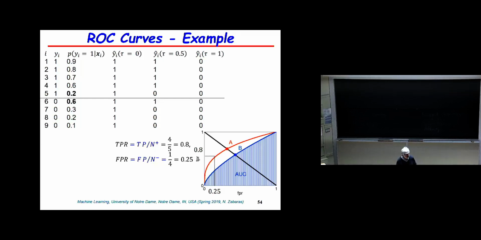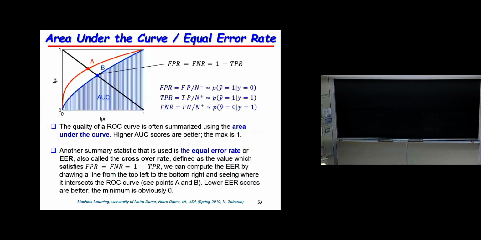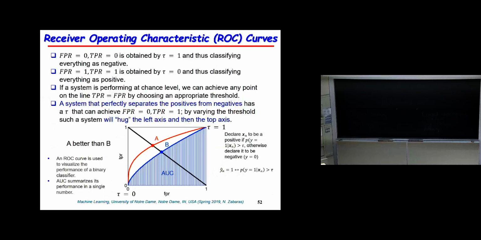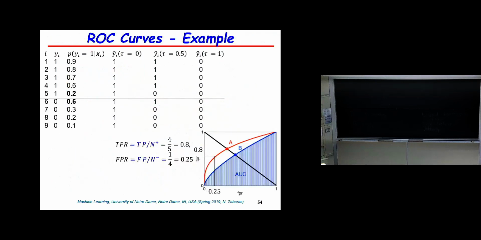So if the tolerance equals 0, how many times do you accept your data to be positive? Remember, the decision is, if this is greater than tau, then it's positive. So if tau equals 0, how many of your samples are positive?